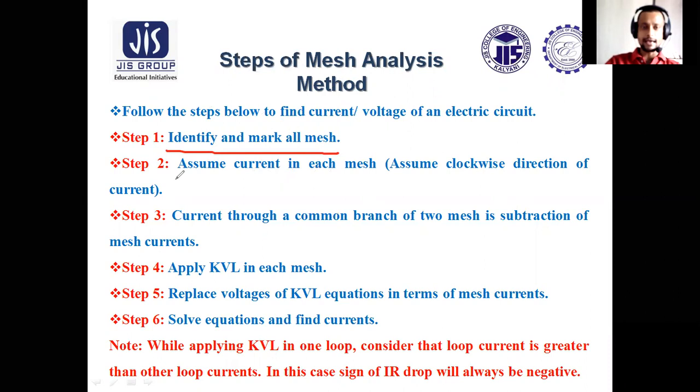Next point is assume current in each mesh. Loop current is to be assumed for your better understanding, to avoid mistakes in calculation, or to not get confused regarding in which direction it is to be assumed.